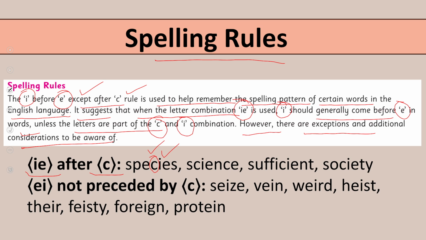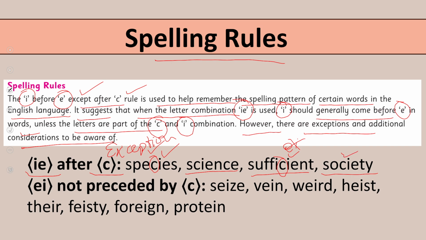This is breaking our rule. So this is an exception. Similarly, in the words science, sufficient, society, you can see that even after the letter C, we have not EI but IE.